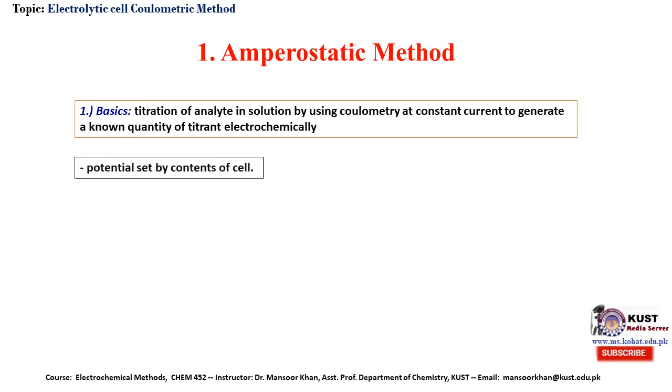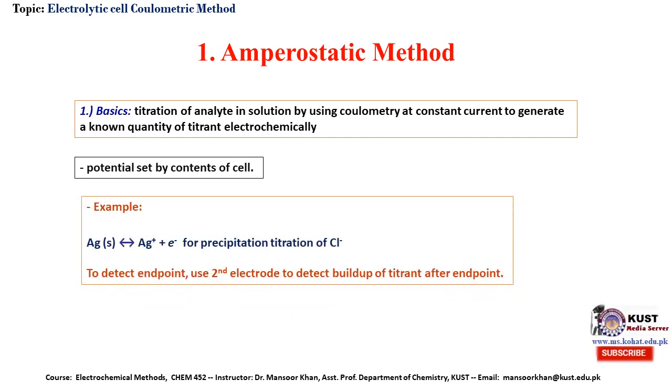Potential is set by the contents of the cell. This is the example that we discussed earlier, in which we determined the amount of chloride by using Ag as an electrode. To detect the end point, use an electrode titrant.